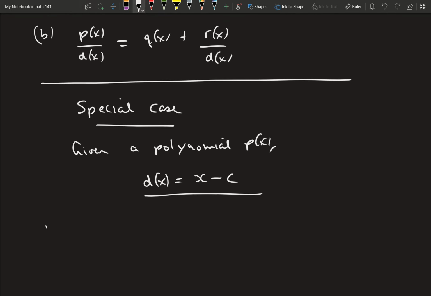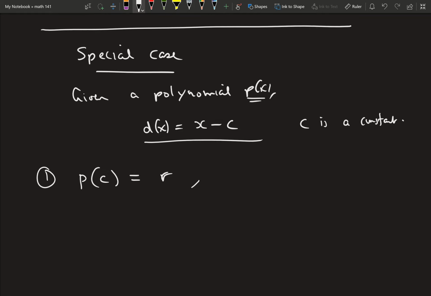So first off, p of c, so this number is c, so c is some real number. C is a constant. And if you plug c into this polynomial, this actually equals r, the remainder. So let me explain why.